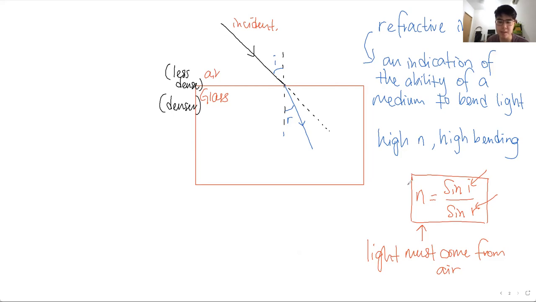So we can use this formula to calculate the refractive index. Now let me put in some values here. Let's say this is 30, this is 48 and this is 33. Given the angles i and r, calculate the refractive index.